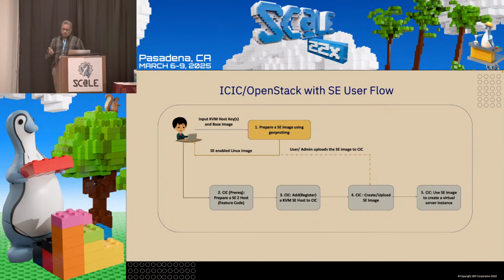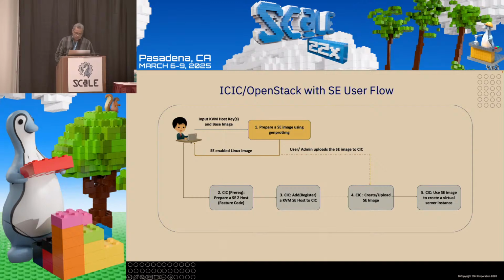One of the use flows is ICIC, which stands for IBM Cloud Infrastructure Center, an OpenStack based IaaS solution that IBM has. It can even be OpenStack with the changes that we have and that we are planning to contribute back to the community as well. So OpenStack can leverage the SE capability with this particular user.